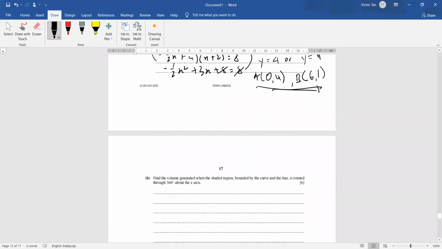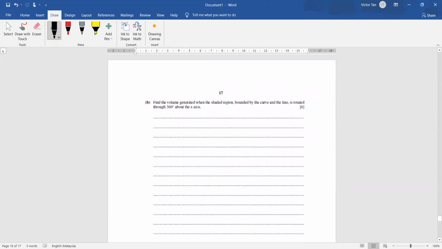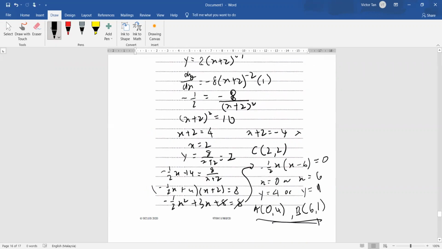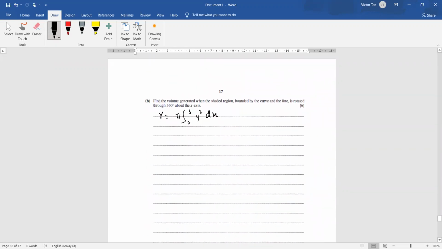Find the volume generated when the shaded region bounded by the curve and the line is rotated through 360 degrees about the x-axis. The formula is the volume equals pi integral of y squared dx. So bounded by the curve and the line, the line is on top, so we're going to put the line first.